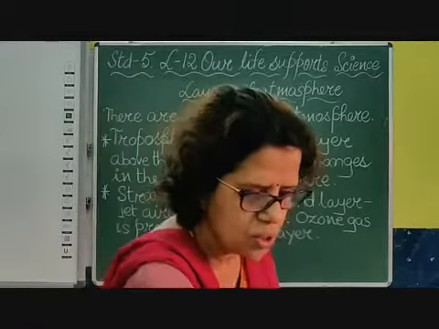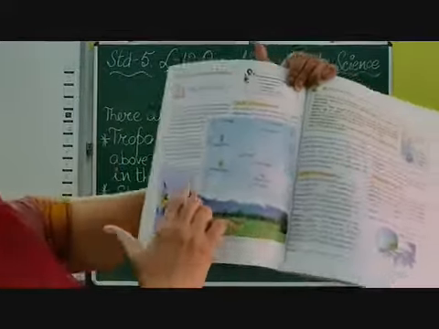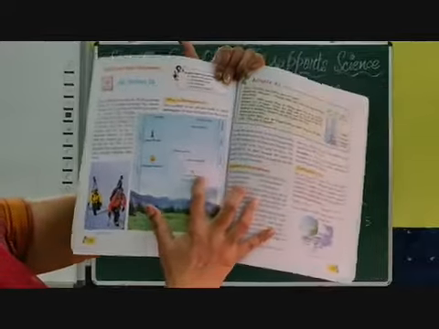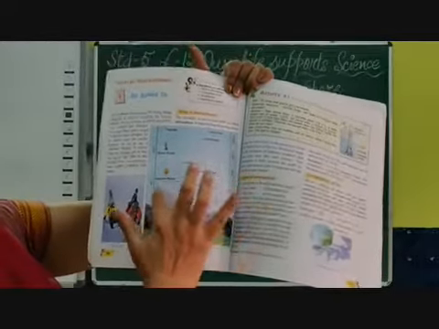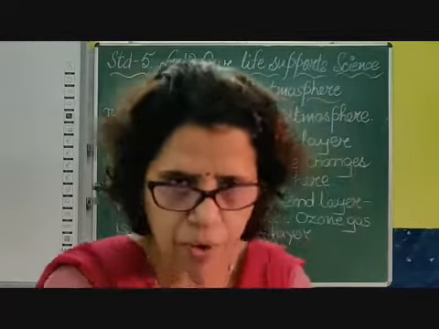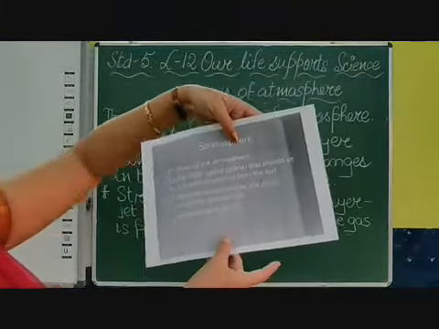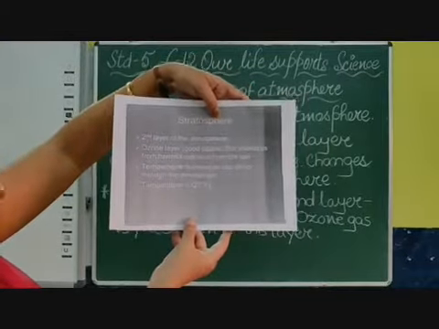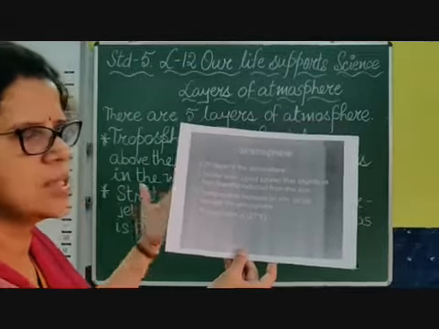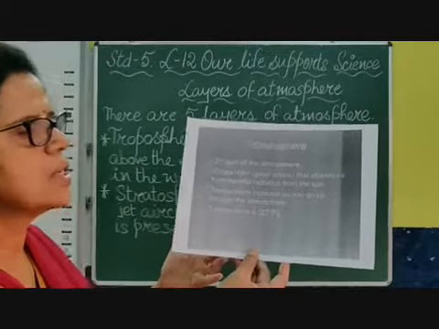Okay, as we can see in this picture, stratosphere has weather balloons, the ozone layer, and you can see aircraft flying. So this is stratosphere. And it is quite cool over there, almost minus 45 degrees Celsius. It's the second layer of atmosphere, the ozone layer, that shields us from the ultraviolet rays of the sun. The sun's ultraviolet rays are harmful for us. They can cause diseases like cancer.